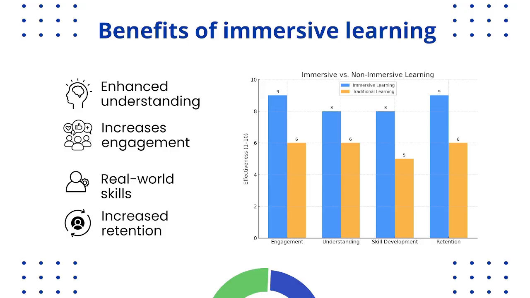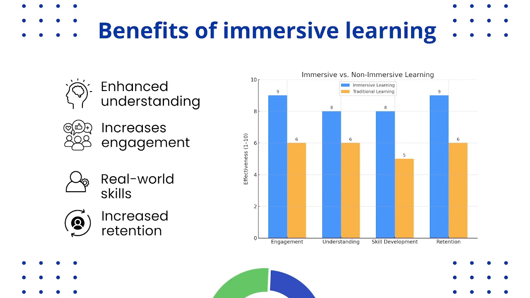We also have increased engagement. When learners engage with 3D environments to complete tasks, they are more likely to interact with this interactive environment, which improves their engagement and eventually leads to better learning outcomes. These immersive environments are designed to simulate real-world scenarios and problems.